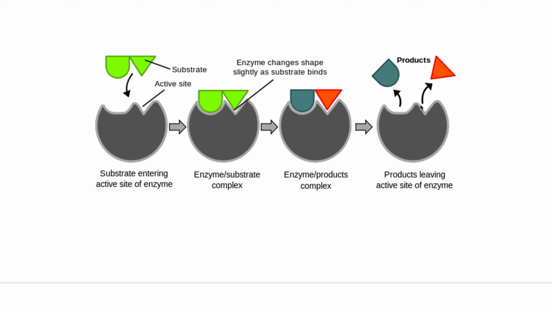The enzyme stays the same, and I can reuse it if I've got more substrate to bind, and have all of this happen again. So enzymes are reused. Enzymes do not get destroyed. They stay the same throughout the chemical reaction. Because we can use them over and over again, and because they speed up chemical reactions, we call them catalysts.